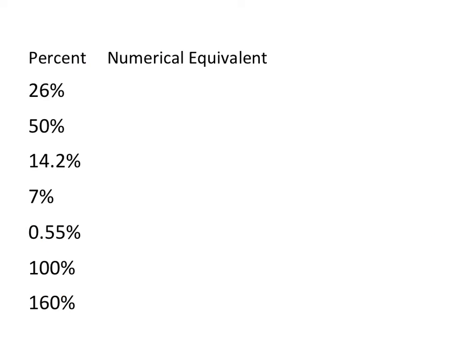So when we're converting a percent to a decimal, the numerical equivalent, we're just dividing by 100, right? Percent just means division by 100. So you can either do 26 divided by 100 in your calculator, or like we said, move the decimal point 2 spaces to the left.